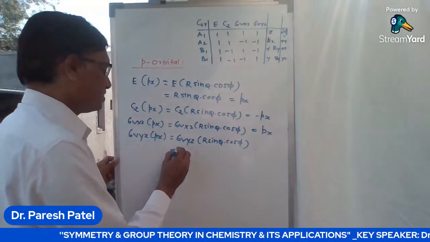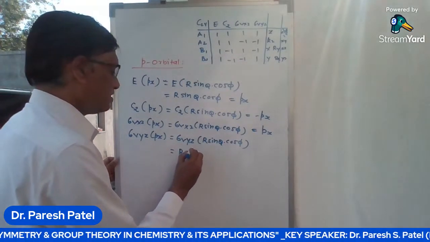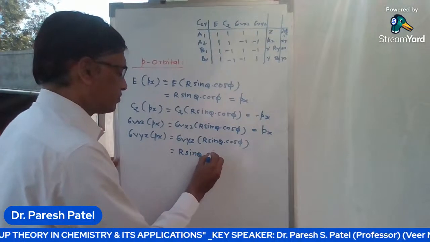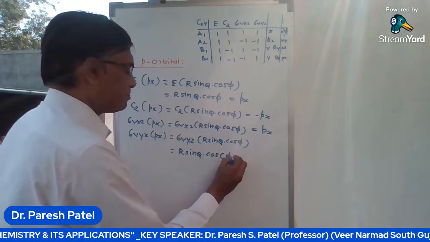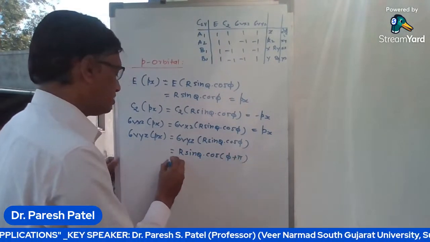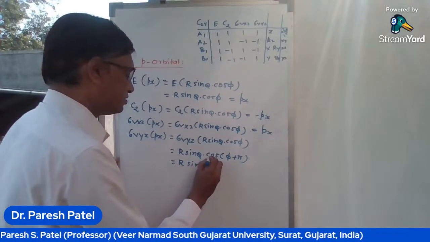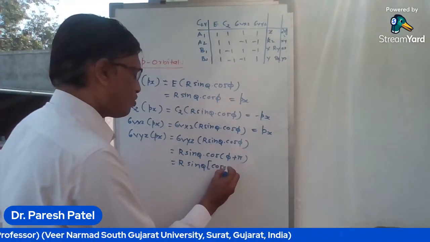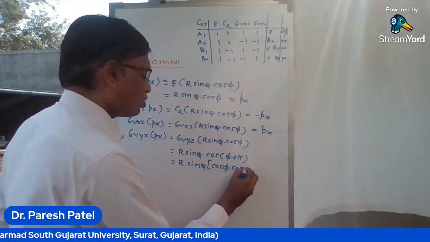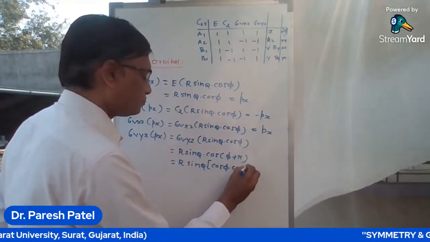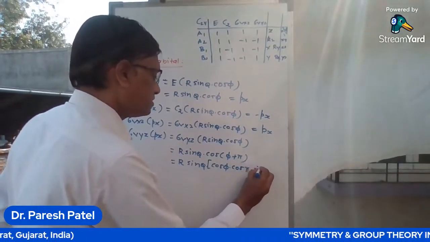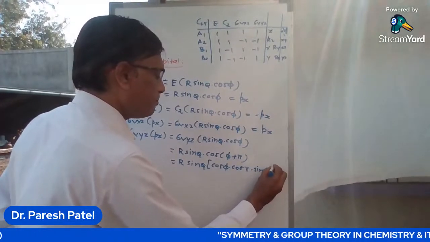It means r sin theta cos of phi plus pi is equal to r sin theta times cos phi cos pi minus sin phi sin pi.